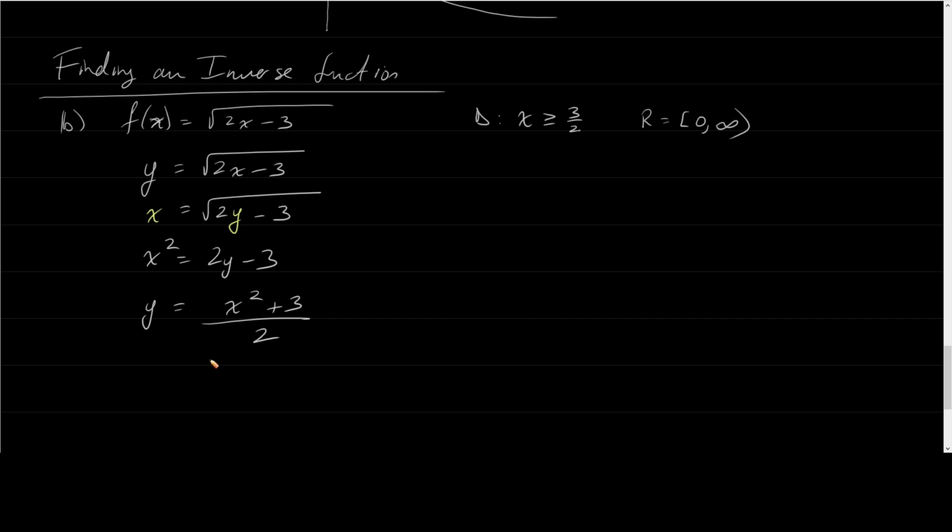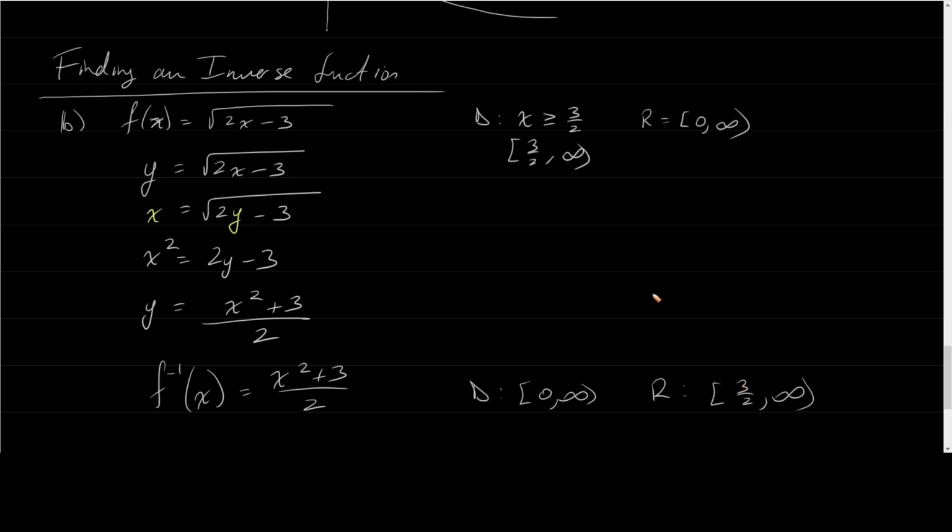All right, but now one thing that we want to keep in mind with inverse functions: if I have the domain of a function f and its range, then the domain and range of the inverse will become the same but opposites. What do I mean? Over here, the f inverse of x, which is x squared plus 3 over 2, has a domain of 0 to infinity, but a range now of 3 halves to infinity.